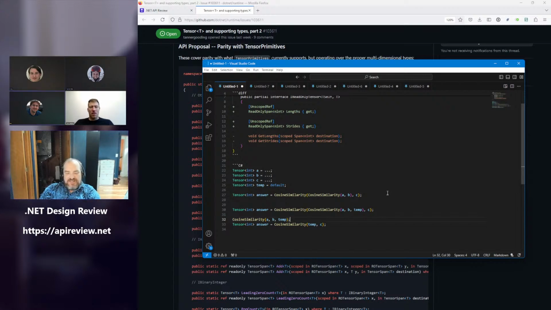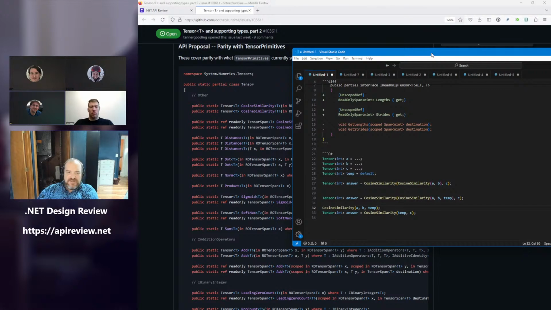Right. So I wanted to make sure I understood what you're talking about. I think what you just said is that the APIs on the screen are actually not what they would be. Either all the methods would be void returning and take an additional out something to describe the lengths, or it would not be what's on the screen, and instead of returning a ref read-only tensor span, it would return a tensor span.